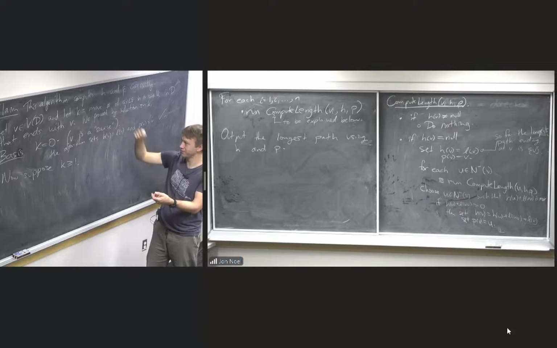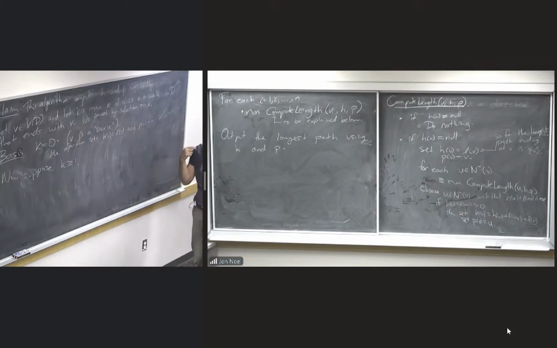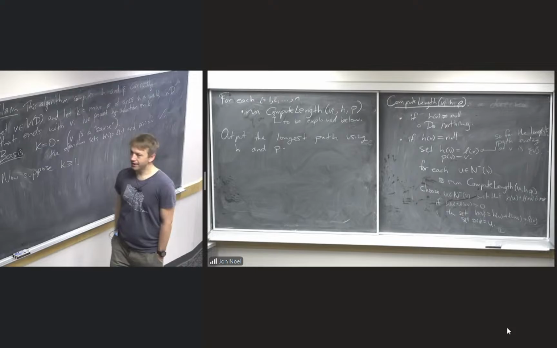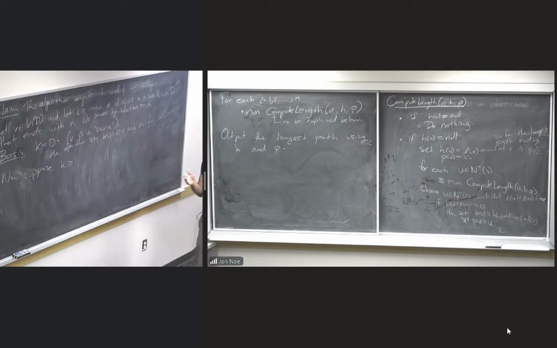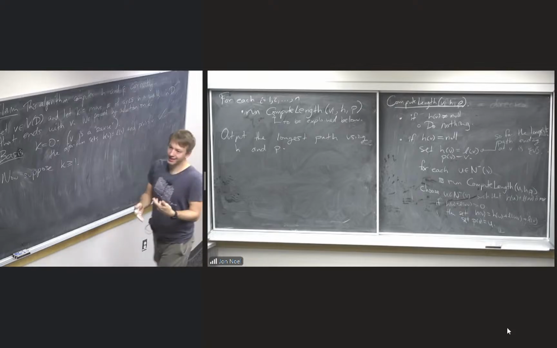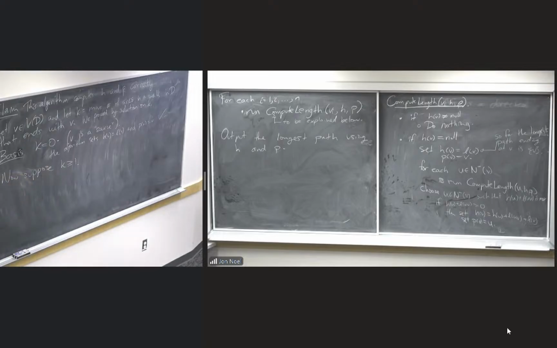So there's always some finite length. In this case, either the longest path is just the path including v, or it must include an in-neighbor of v, and in either case it's going to give you the right answer.